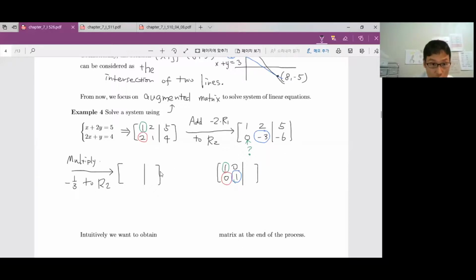Then you will keep this 0 as well. 0, 1, 2. Fantastic. And you keep the same first row. Now we have 1 as you expected. We are almost there. One more step. You want to get rid of this guy. You want to have 0 there.